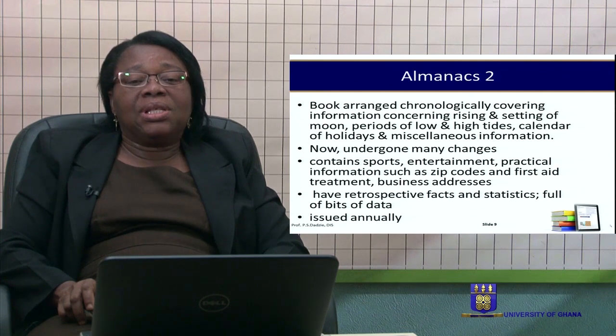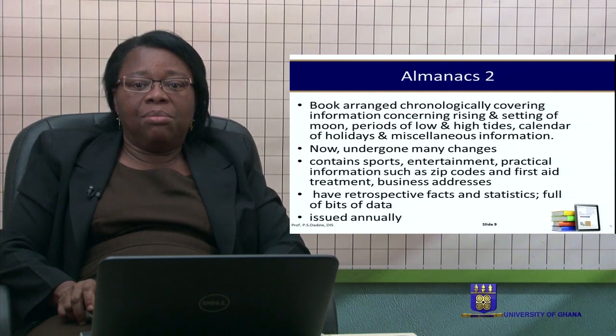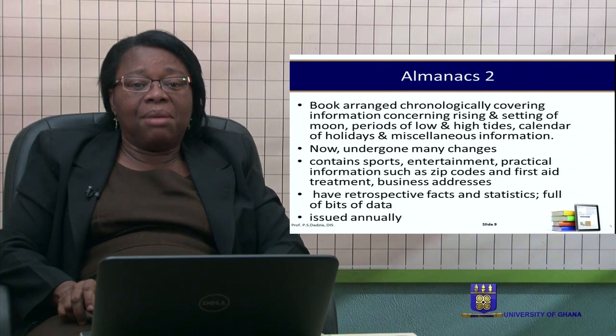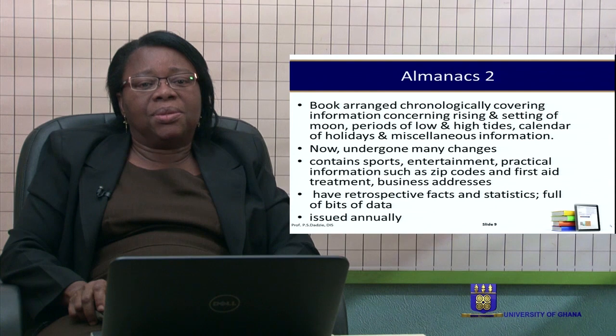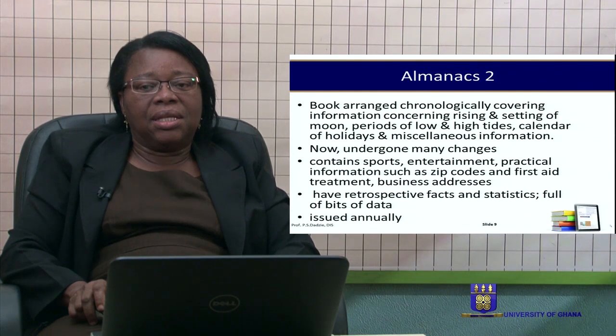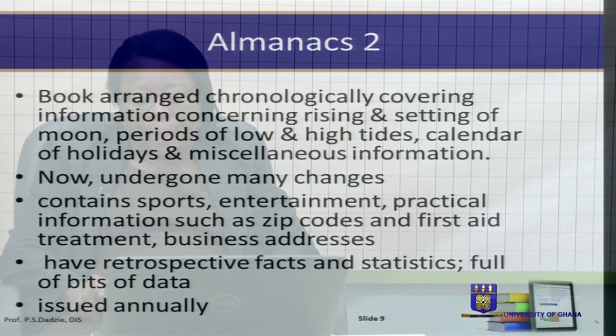They have undergone several changes, and so they contain sports information, entertainment information, zip code information, business addresses. They have all kinds of retrospective facts and statistics. Almanacs are issued annually.